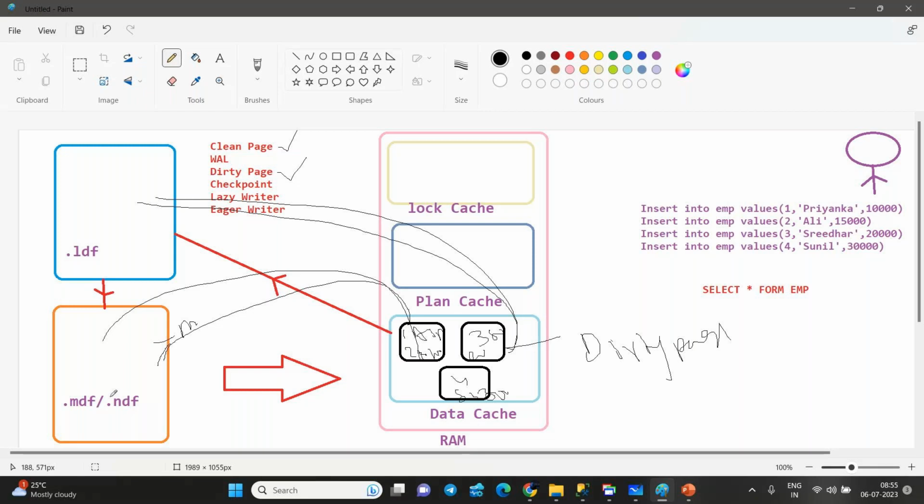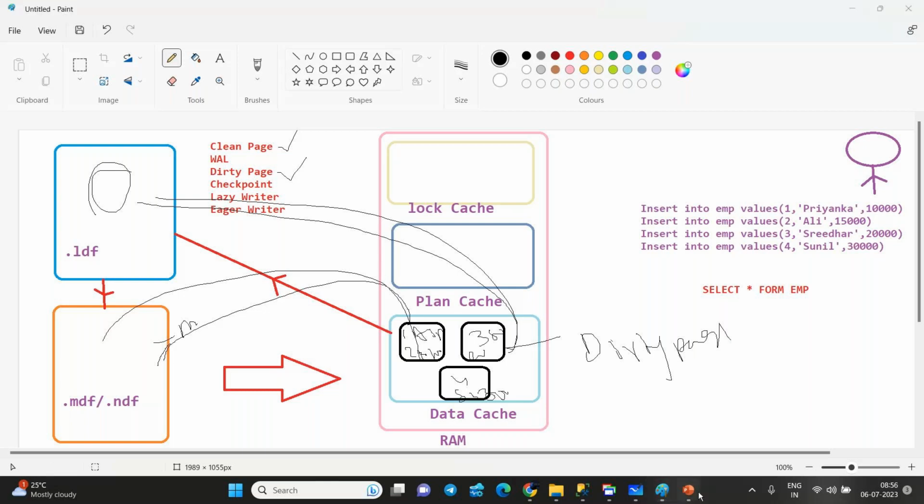I told you, every change you perform needs an entry in the log file. To satisfy that, whenever checkpoint triggers, it will move the log records not yet moved to the LDF file, and the modified data not yet moved to the MDF file, to the MDF file. Both it will move, sir.